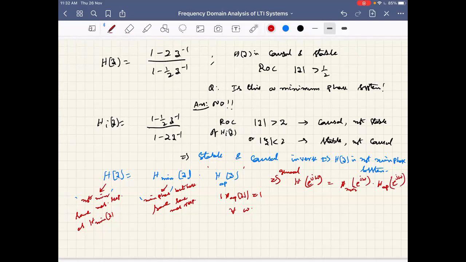Okay, can we decompose? That is the question. And if we can decompose, then what is the advantage?